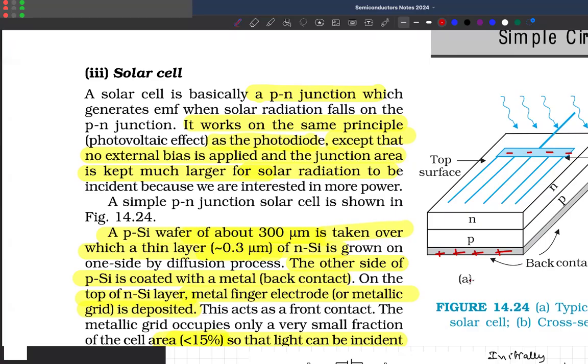Anything that loses electrons attains a positive charge. As you keep on exposing light, the charge separation keeps on taking place. As the charge separation keeps on taking place, a potential drop takes place across the topmost metal plate and the bottommost metal plate. And this I will use to charge the battery. This is how your solar cell works.